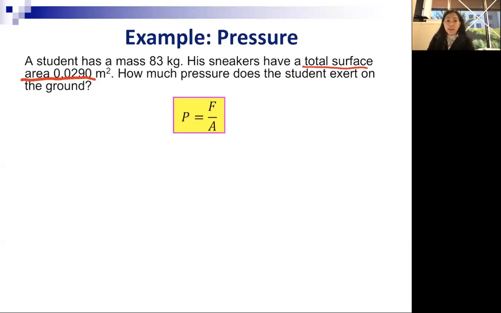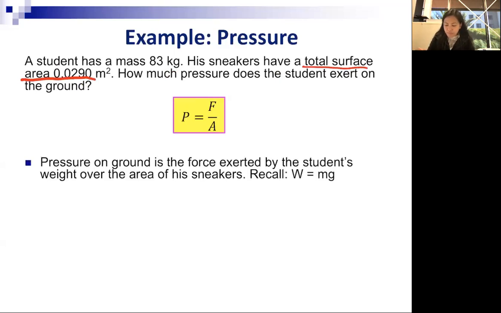Yes, so the student has a mass and there's a gravitational pull on the student that's downwards. So yes, you're right, the force is coming from the student's weight that's exerted over the area of the sneakers.